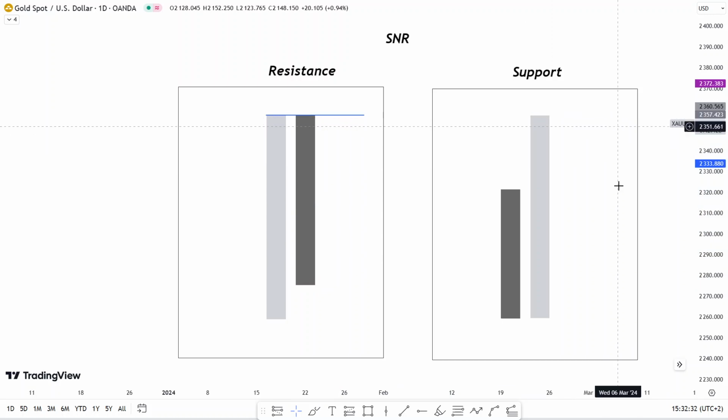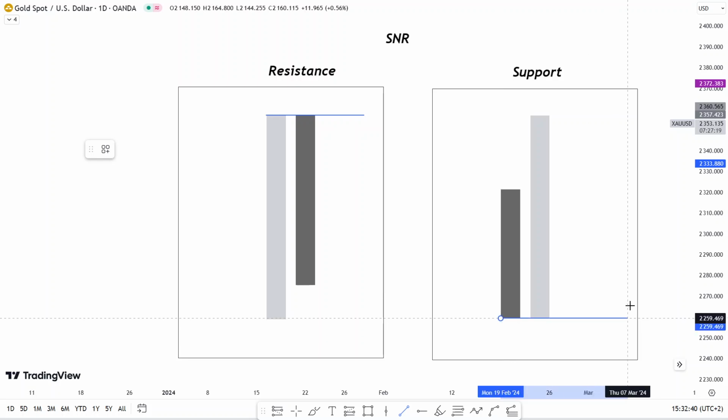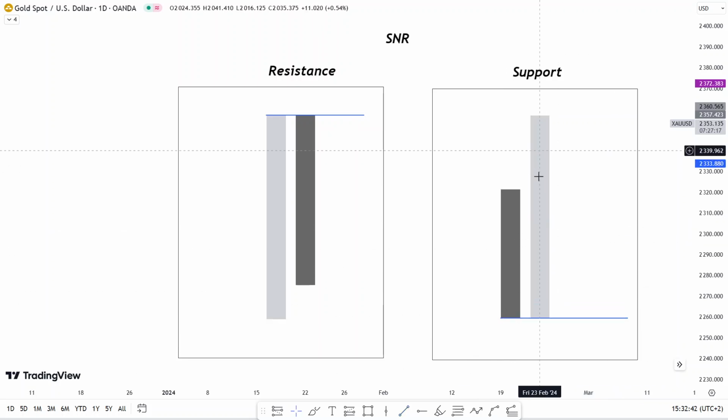So an area of support is basically just a down candle followed by an up candle. And it's very important that you also focus on momentum. It does not mean that all the time is going to be strictly dependent on the momentum of the following candle, but most importantly, you need to focus on trades which have high momentum.